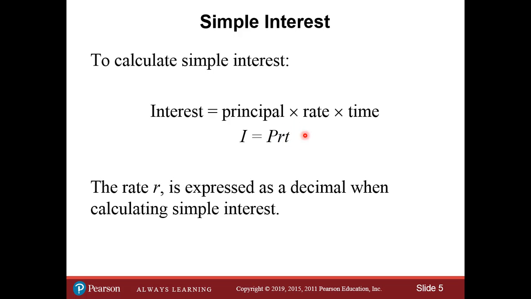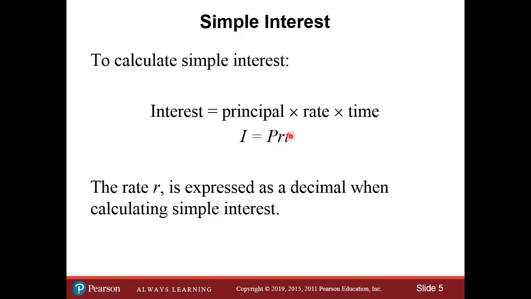Now the time is usually in years, but it depends on the rate. So whatever the rate is, the time is always going to have the same units as whatever the rate is. So if the rate is an annual rate, then your time is going to be in years. If it's a monthly rate, then time is going to be in months. So those will always match.